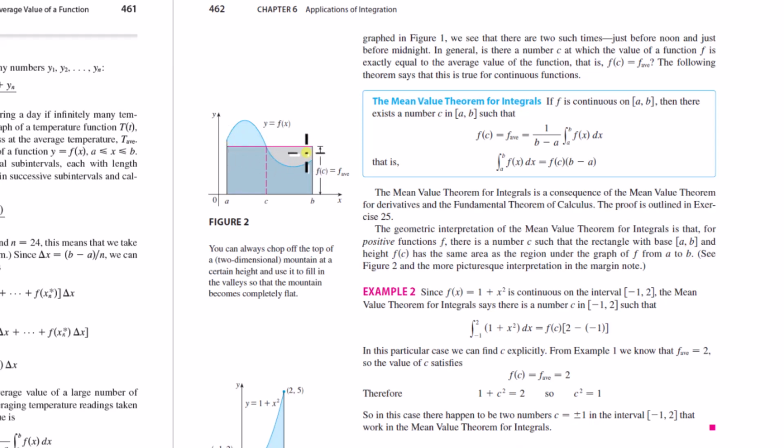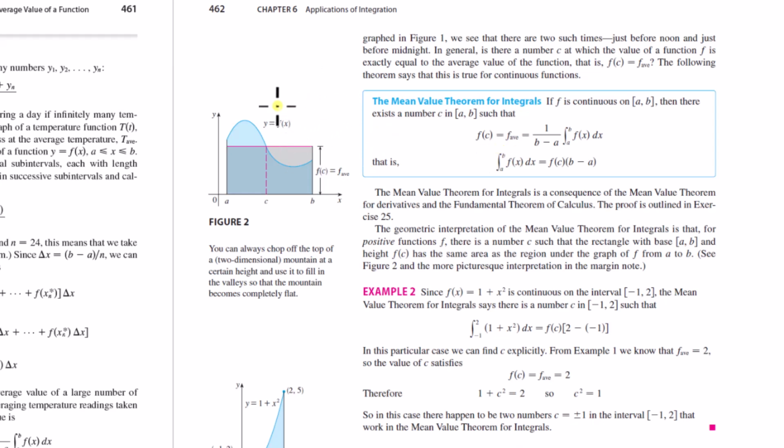Then the area of this rectangle, b minus a times f of c, is equal to the area under the curve. And you see, that's what this is. So that's one way of thinking about it.